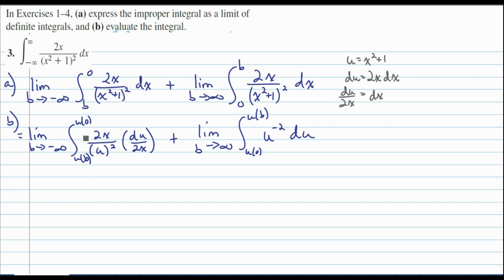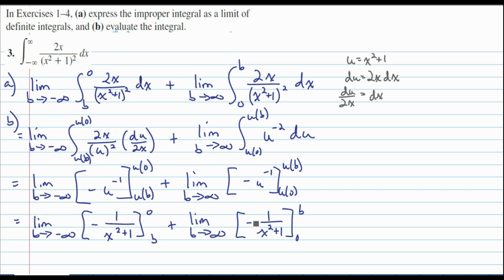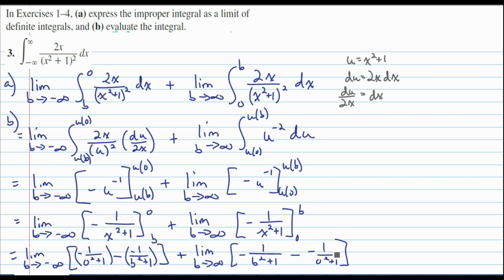Now in this next step, I can just go ahead and take that integral. I'm kind of skipping a step in terms of left piece to left piece, but throughout my writing, I am going through the process. So I have now the antiderivative, which is the opposite of u to the negative 1, again from u of b to u of 0. And then I can evaluate that, plug in u, use fundamental theorem of calculus part 2.